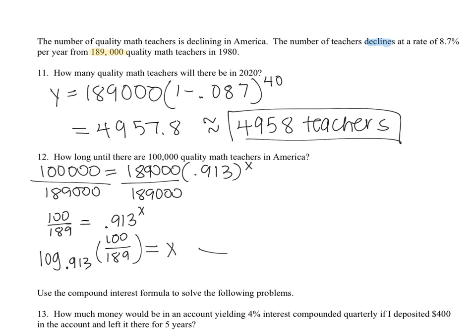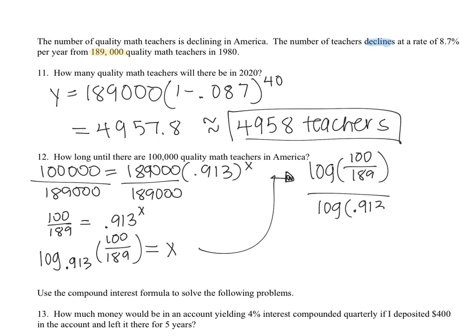So in order to evaluate this logarithm, we're going to use our change of base. So log 100 over 189 divided by log 0.913. Once I evaluate those logarithms, we're going to find that x equals 6.99 years.